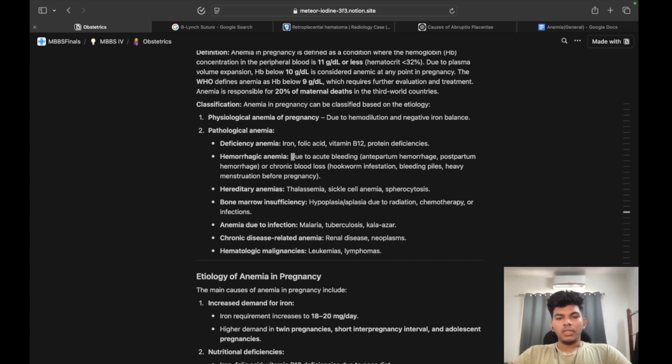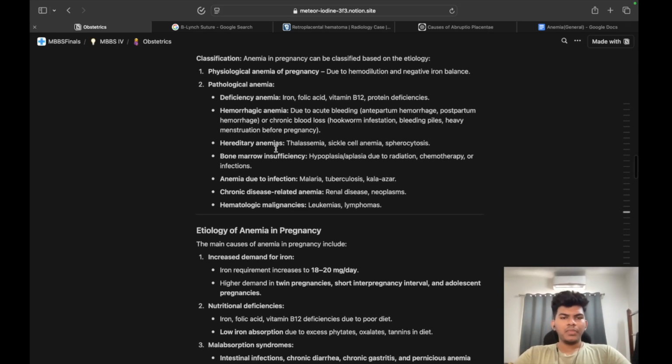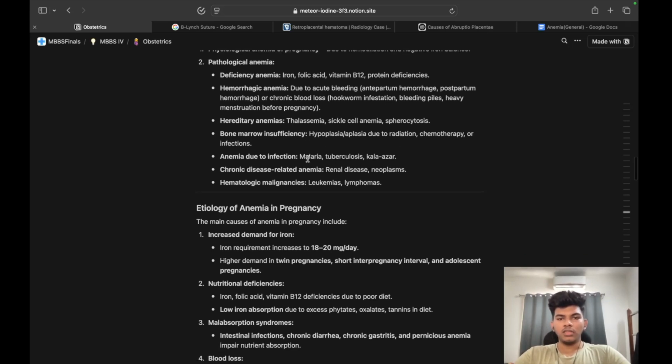Coming to hemorrhagic anemias, due to acute bleeding or chronic bleeding. Acute bleeding could be secondary to antepartum hemorrhage and postpartum hemorrhage. Chronic could be due to hookworm infestation, bleeding piles, heavy menstruation before pregnancy. Hereditary could be thalassemia, sickle cell, spherocytosis. We have seen this repeatedly in pediatrics.